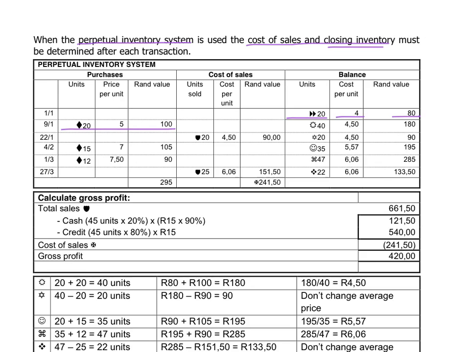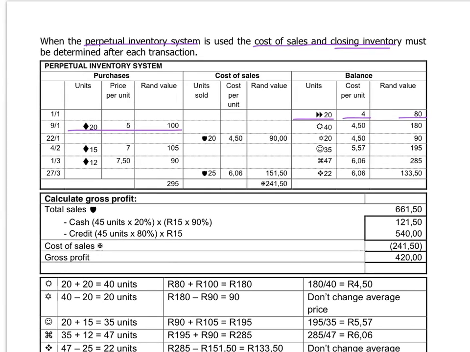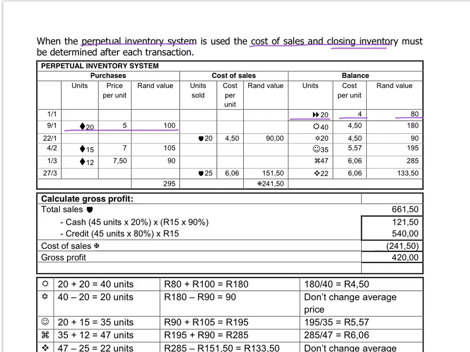So I will take this 20 units that we had at the beginning of the year, and I will add the 20 that we bought, and I will say now we've got 40 units. Then I take the 80 Rand at the beginning of the year, I add the 100 Rand of the purchases, and I will indicate that the total cost of the 40 units is therefore 180 Rand.